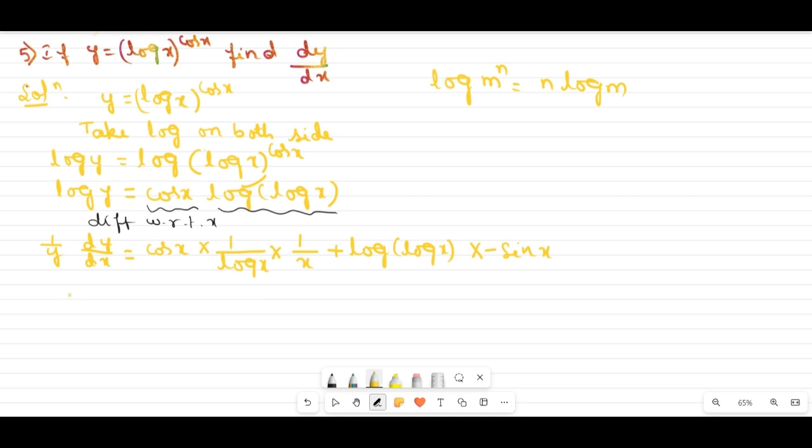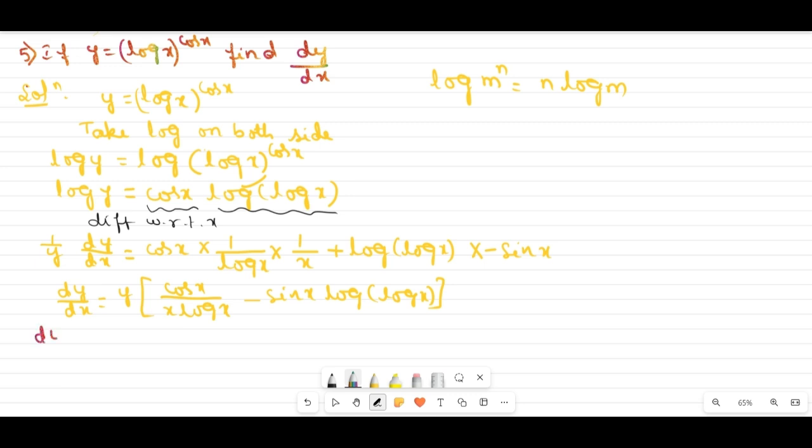So now I will take y to the right hand side. dy by dx is equal to y into cos x divided by, in the denominator, if you multiply the terms, it becomes x log x minus sin x into log x. So finally, substitute the value of y.